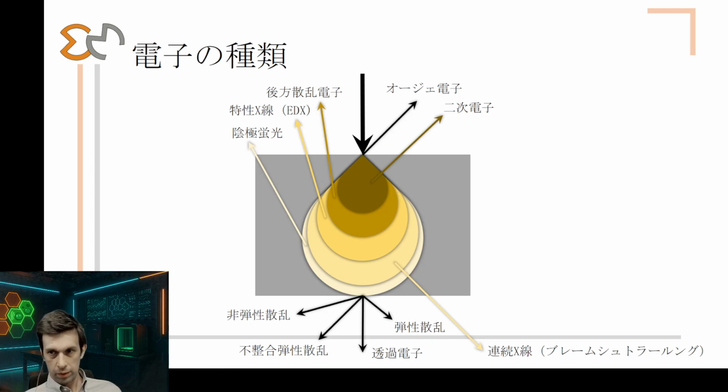Electron beams carry a lot of energy, and this energy can allow the electron beams to penetrate inside the sample and to generate different types of electrons that we can detect, and even different types of X-rays and even cathodoluminescence. So we have different signals that come out of the sample once we shine our electron beam on the sample.